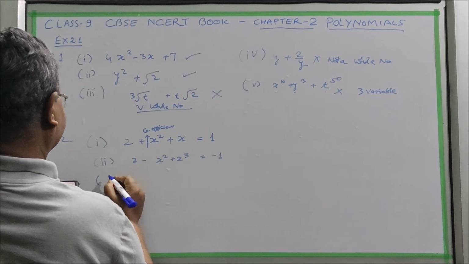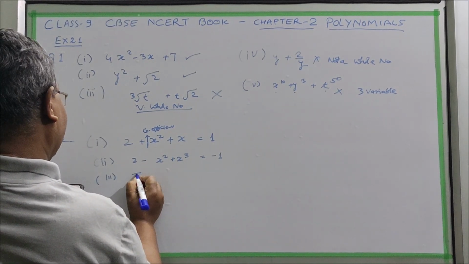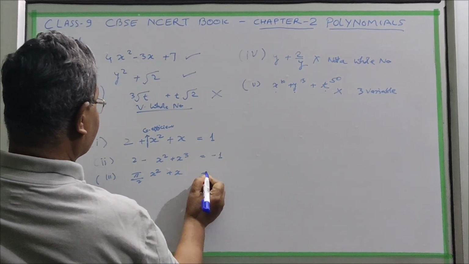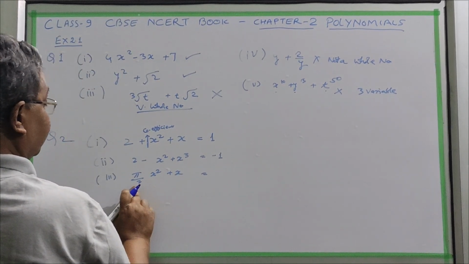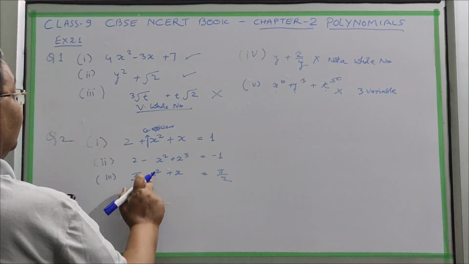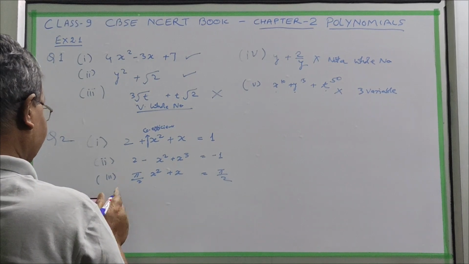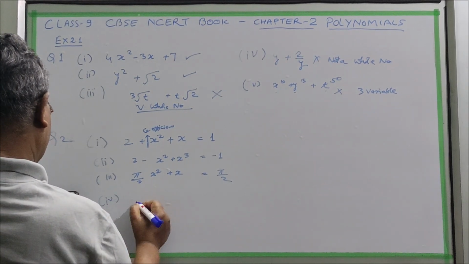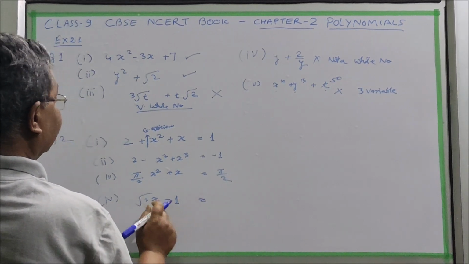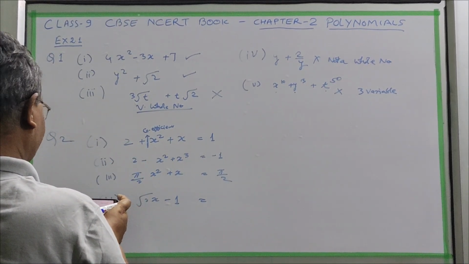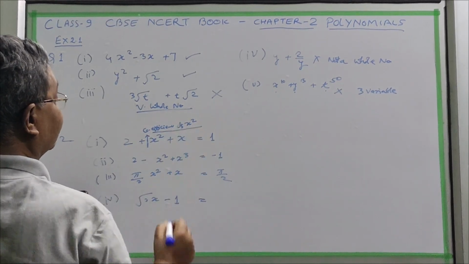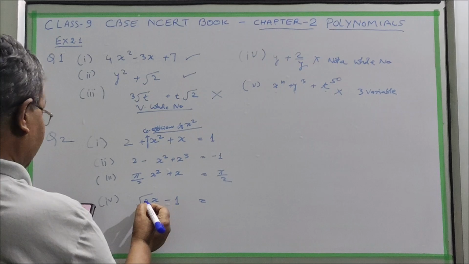Okay. And then third, pi upon 2 x² plus x. So here the x² coefficient is this one, pi upon 2. This is before x², that is the coefficient. Then fourth, root 2 x minus 1. You see here they are asking for the coefficient of x², and here x² is missing.